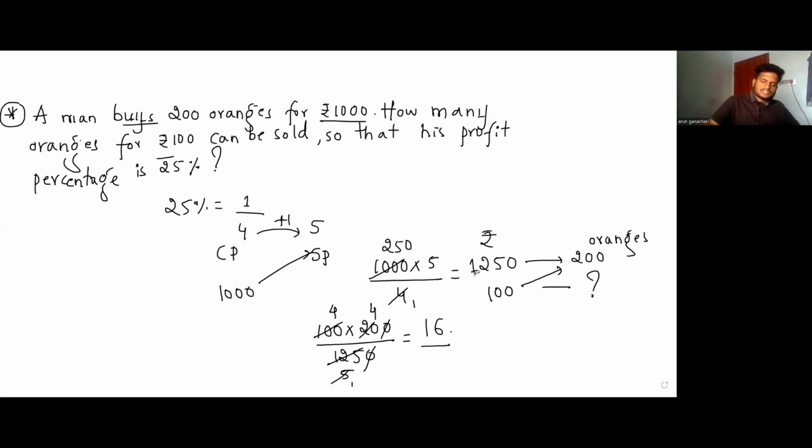So how many oranges does he have to sell for 100 rupees? 16. So then only he'll get 25% profit. Getting this? Yes.